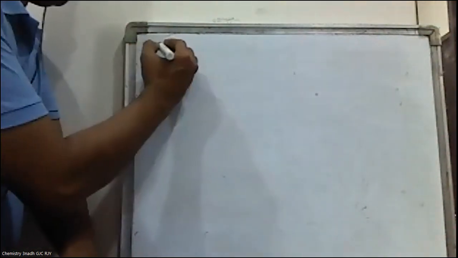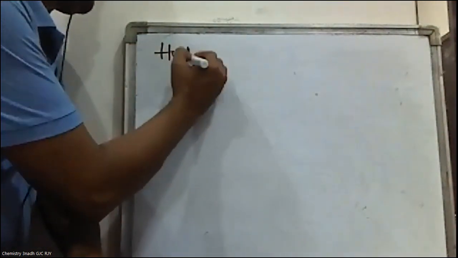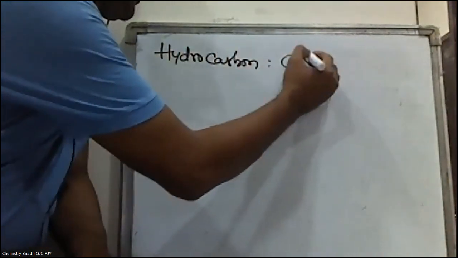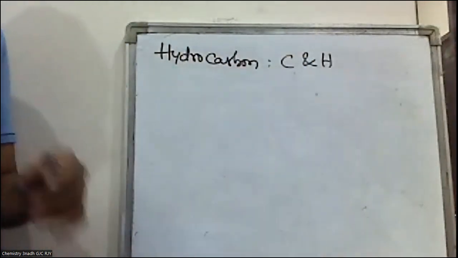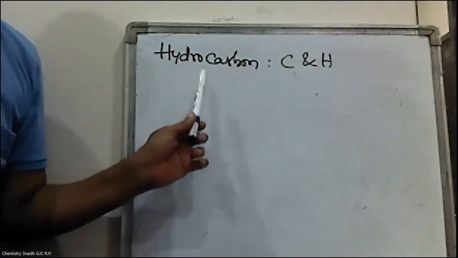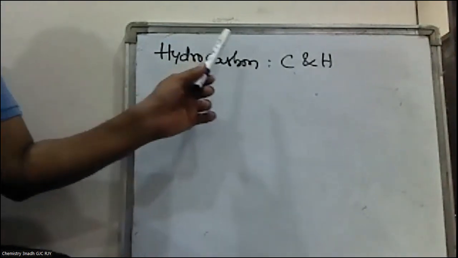What are hydrocarbons? Hydrocarbons are the compounds having only carbon and hydrogen.